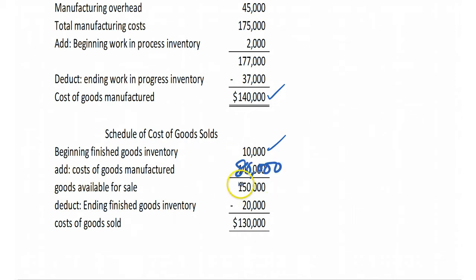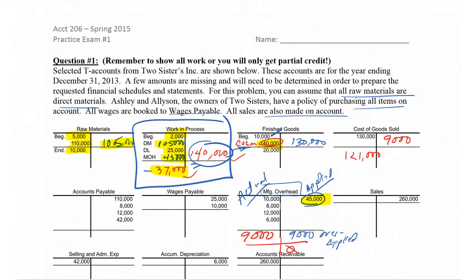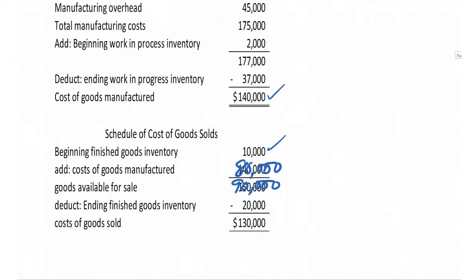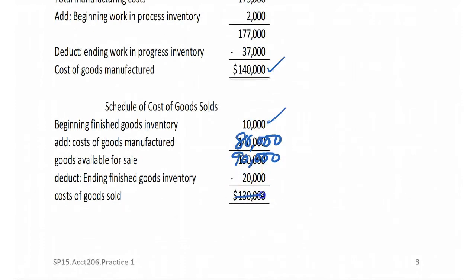That means my goods available for sale are 90. From that, I'm going to deduct my ending finished goods inventory, which is 20,000. So minus 20 gives me, in this particular problem, cost of goods sold of 70,000.